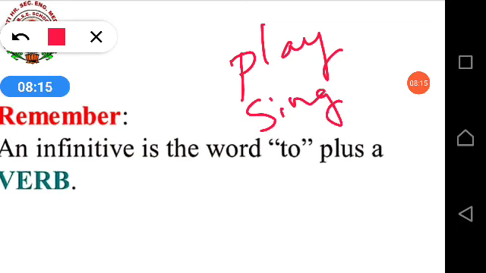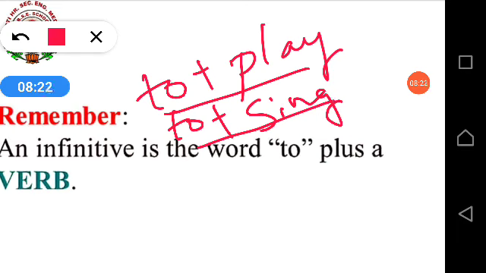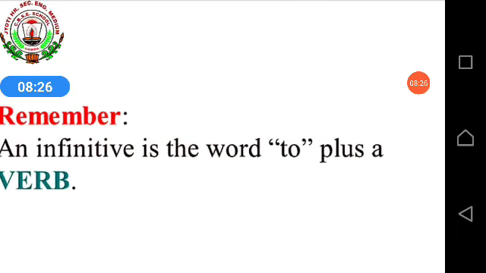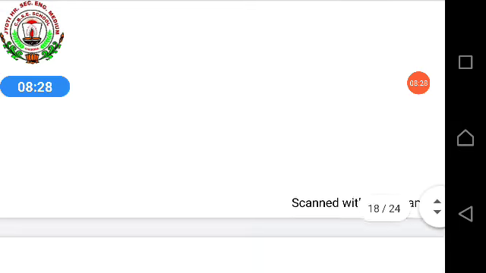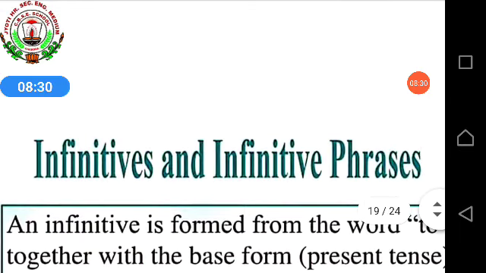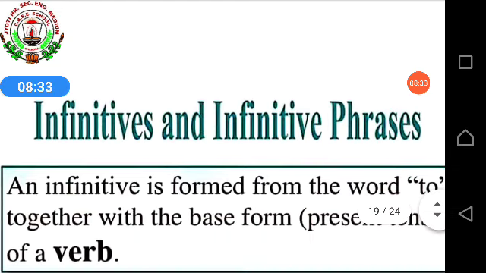So if you want to change it into infinitive, what do you have to add over there? To. To play, to sing, to dance. All this comes under your infinitive. Okay? So let's see infinitive and infinitive phrases.